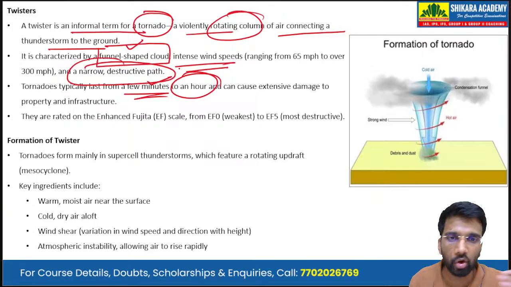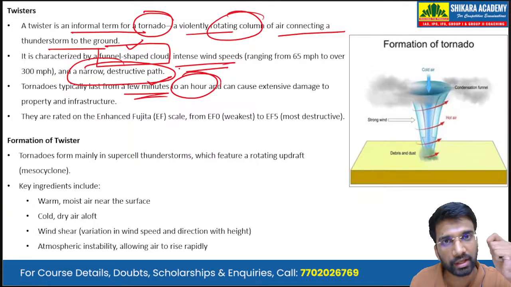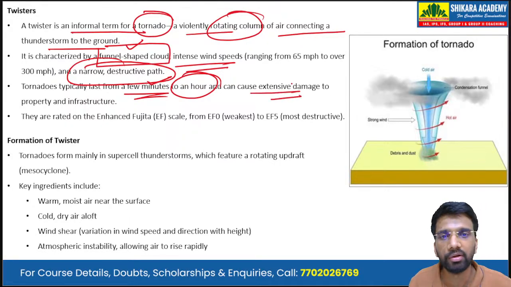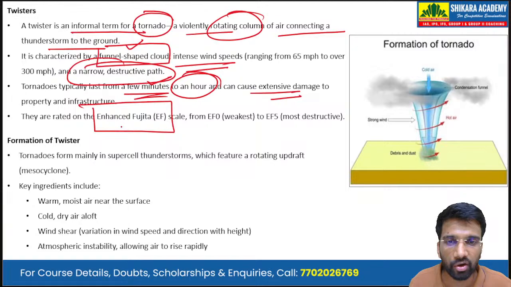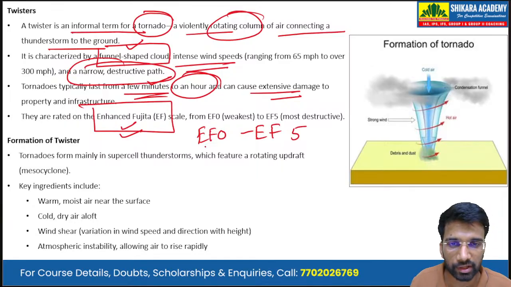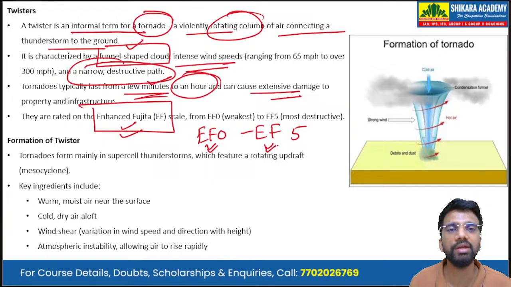They are not very long lasting, but they cause extensive damage during that few minutes or hourly life cycle. They are rated on the Enhanced Fujita scale or the EF scale, starting from EF0 to EF5. EF0 being the weakest tornadoes and EF5 being the most destructive form of tornadoes.